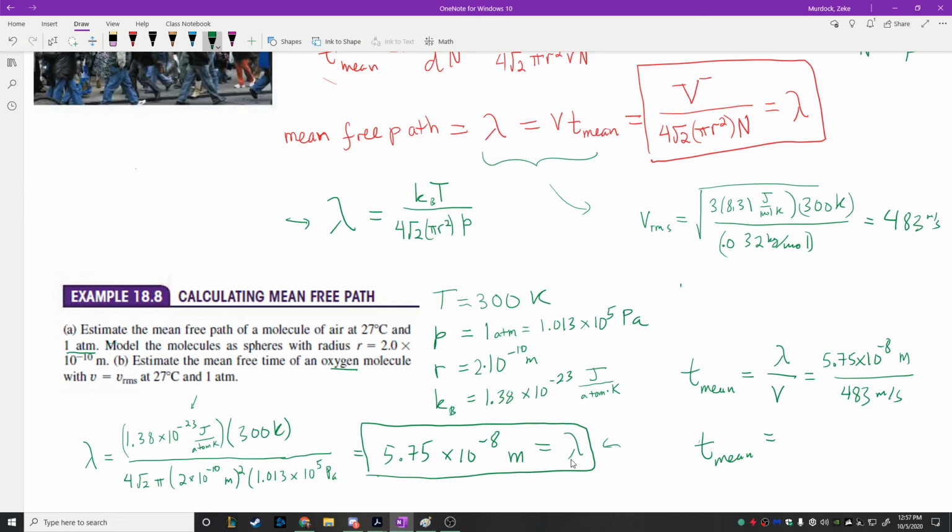I got 1.2 times 10 to the negative 10, which would be something like 0.12 nanoseconds. That is not very long.